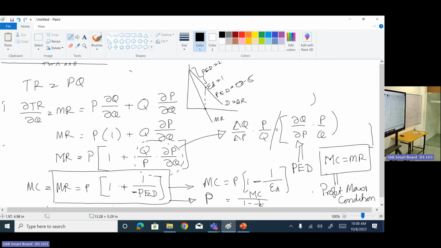It is difficult, so keep those basic concepts in mind. Now we have derived this equation, and with all these functions you can manipulate the prices and the quantities.